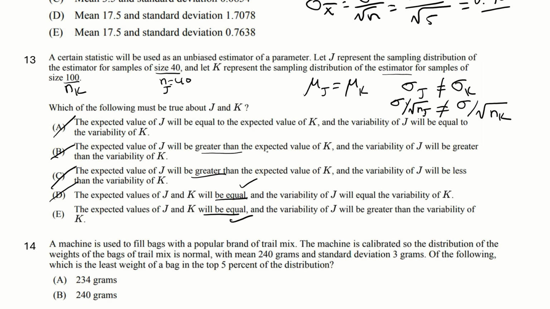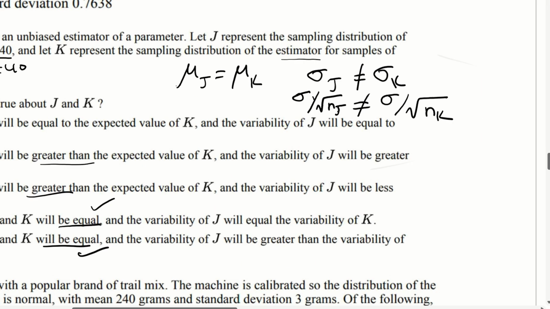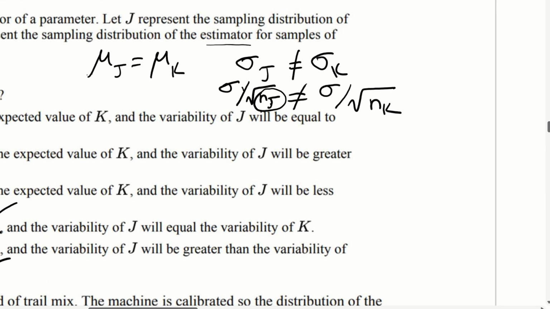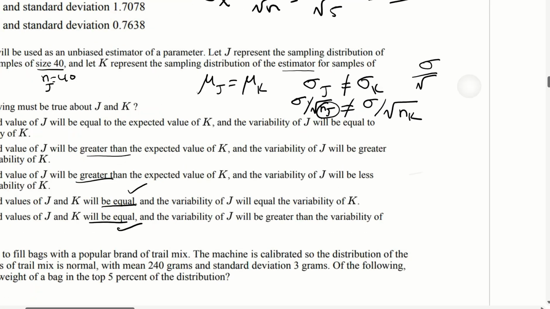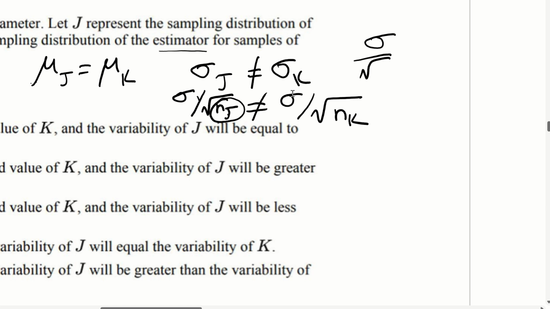Well, because this here is, so square root of, what was it, 40? Yeah, 40, and the other one was 100. Okay, so we got square root of 40, and we want to compare this to square root of 100.